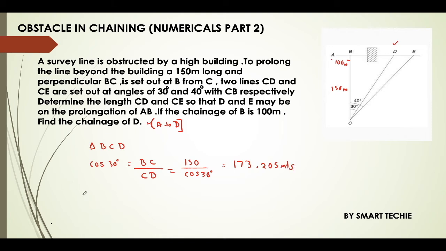Next we'll consider triangle BCE, where cos 40 degrees is BC upon CE. So CE is 150 upon cos 40 degrees, that is 195.81 meters.